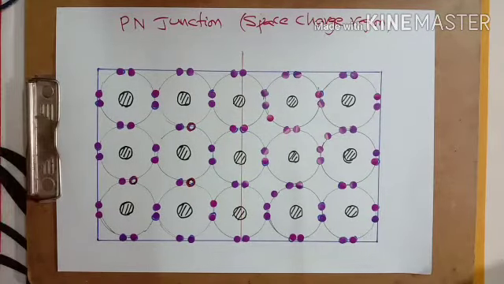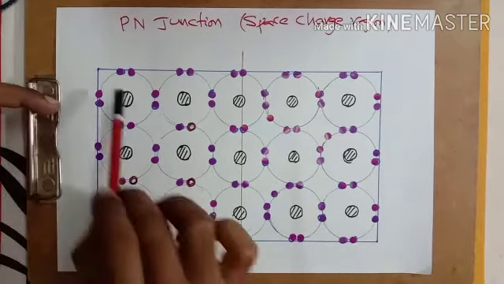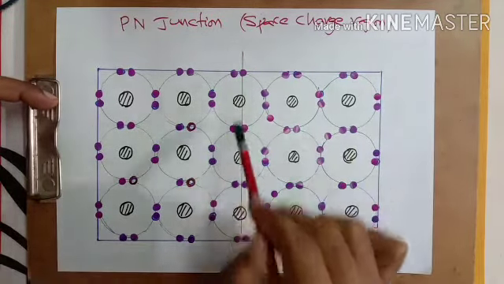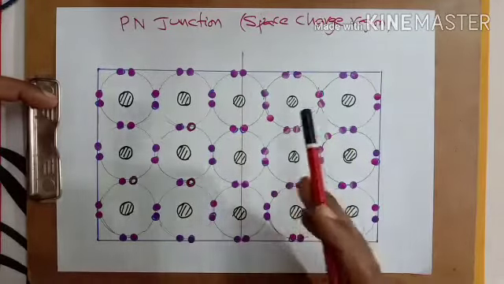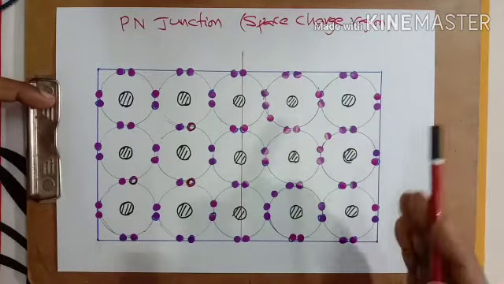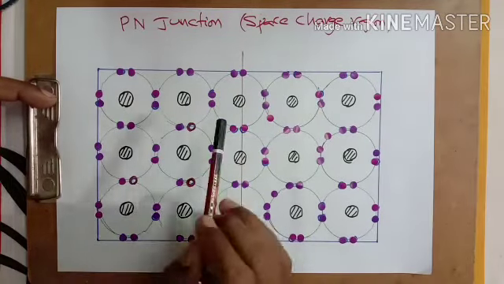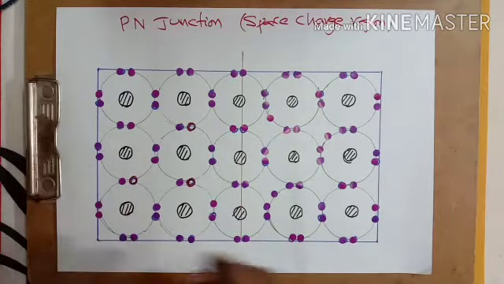Okay, so here I have drawn a diagram, a slab of semiconductor. There is a red line here. So right side to this red line is N-type semiconductor, left side is P-type semiconductor.